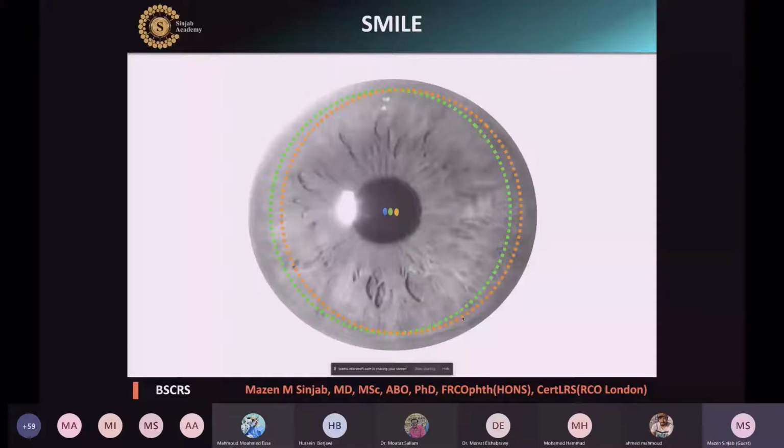Now, if angle kappa is large, and because we are centralizing the cut on the visual axis, then we are going to cut through the limbus, and there will be very much difficulty in dissection. So by considering white-to-white, we can make the cut smaller to avoid intersection with the limbus.